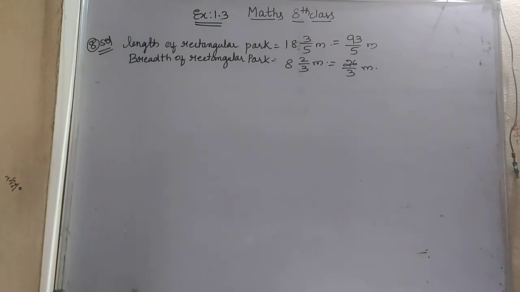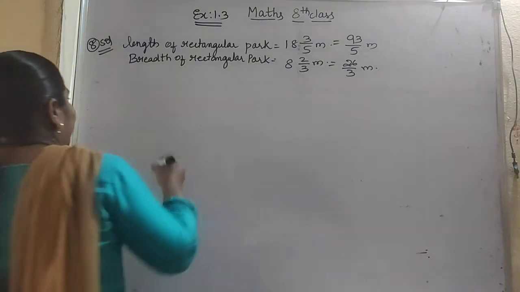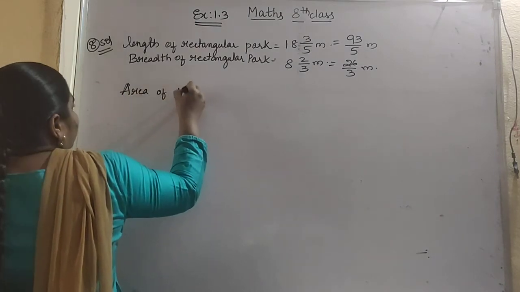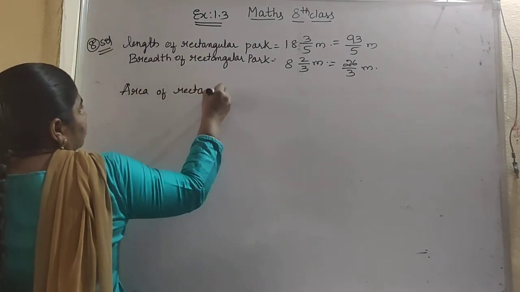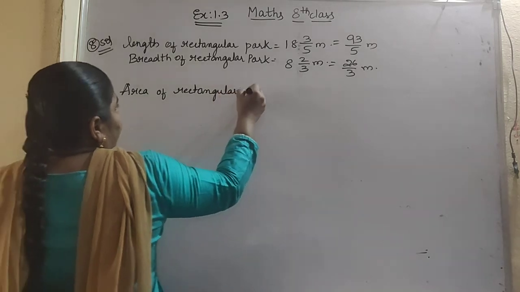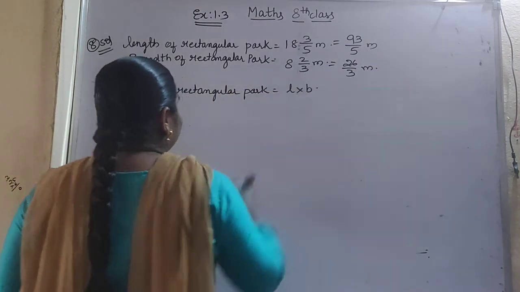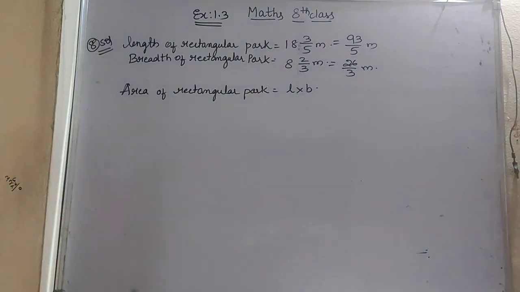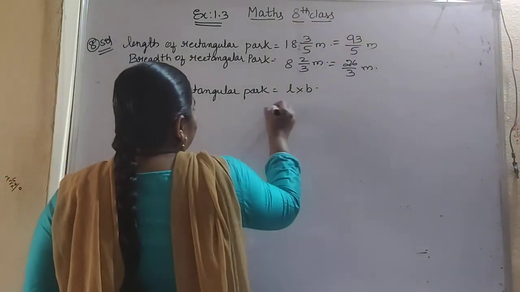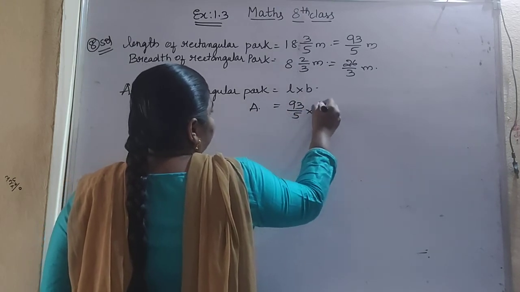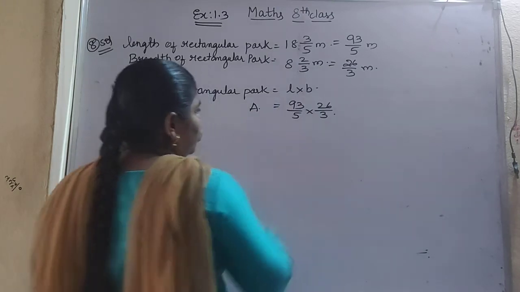Now we have to find the area of a rectangle. So what is the area of a rectangle formula? Area of the rectangular park is equal to length into breadth. So we have to multiply the length value and the breadth value. That will be area is equal to 93/5 into 26/3.